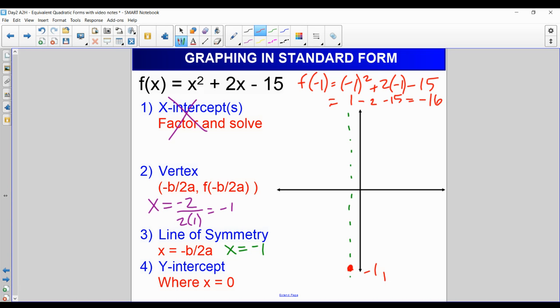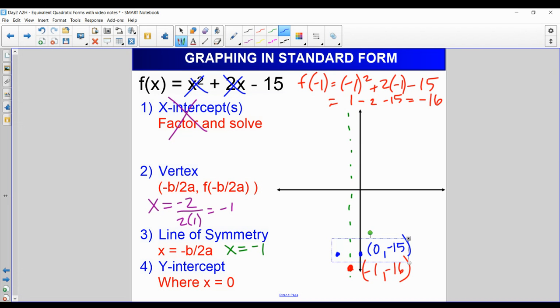I'm at negative 1, negative 16. So really, I could use the y-intercept. I could plug in 0. If I plug in 0, doesn't that make this go away, and I know it's at negative 15. Okay, so that's at 0, negative 15.